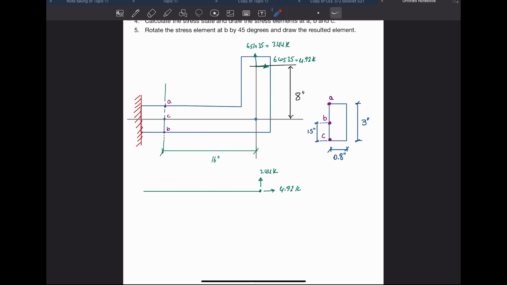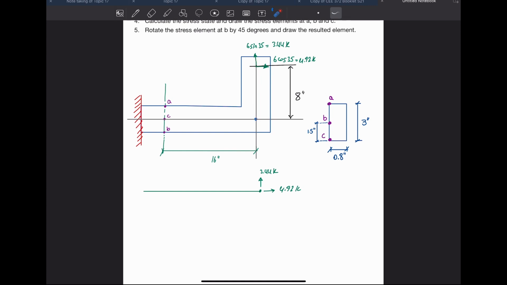When I move this force from one location to another, I'll move it with a bending moment, as if I want to take bending moment at this point. So what do I have? I do have 4.92 times that distance, so 4.92 times 8. I will not take 3.44 because there is no distance to multiply this 3.44 with.